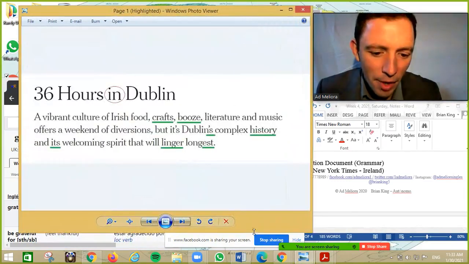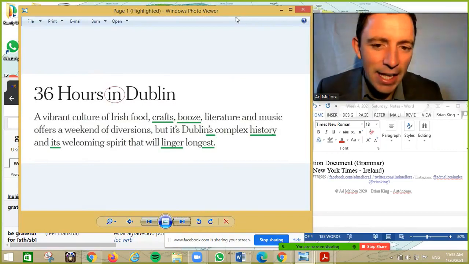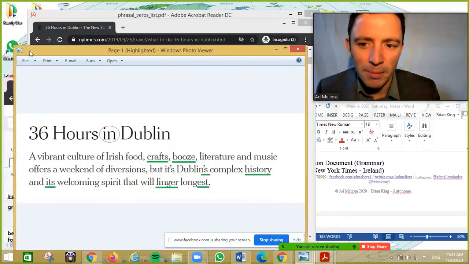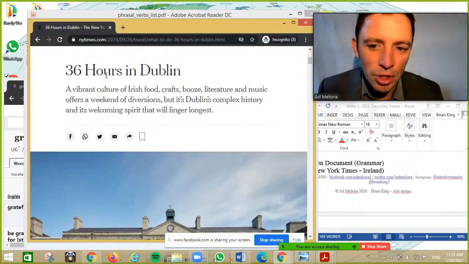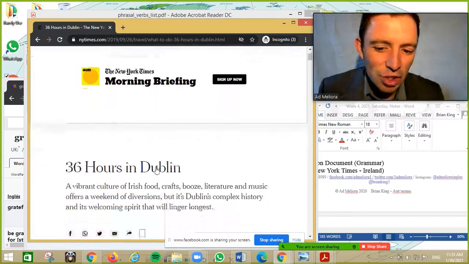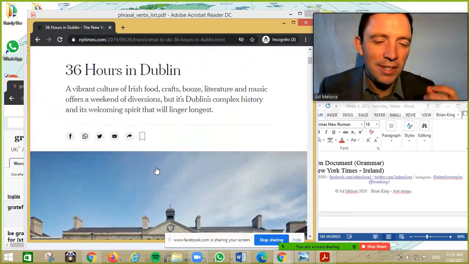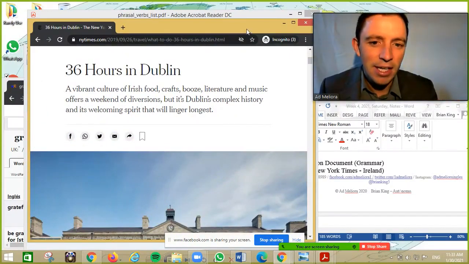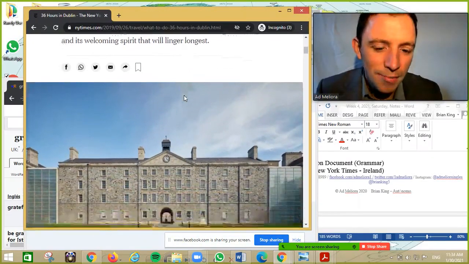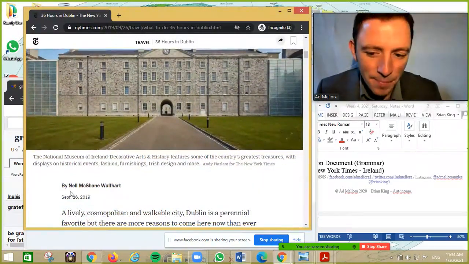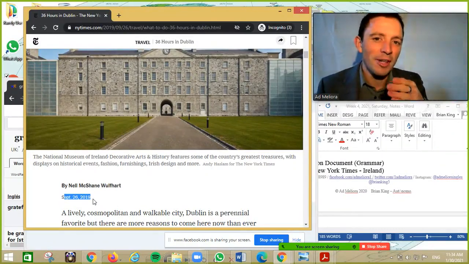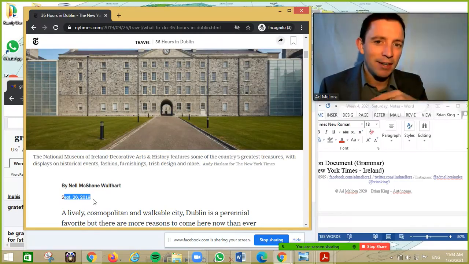Okay, so here I want to show you the article today. I have chosen an article from the New York Times. You can see at the top, New York Times, and it's a story about visiting Dublin. It was written in September 2019, so just before the pandemic, before COVID.